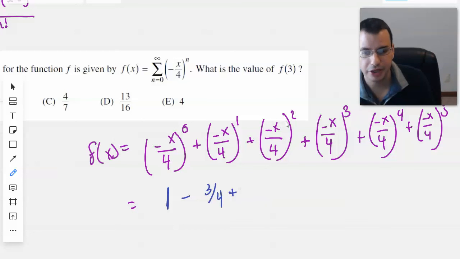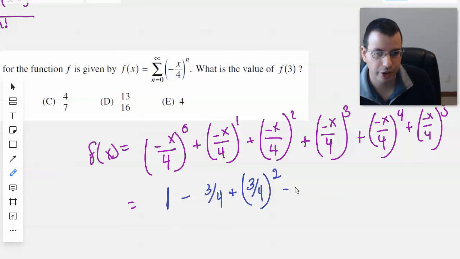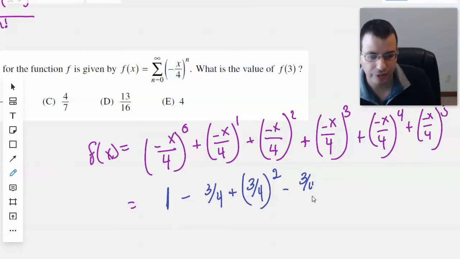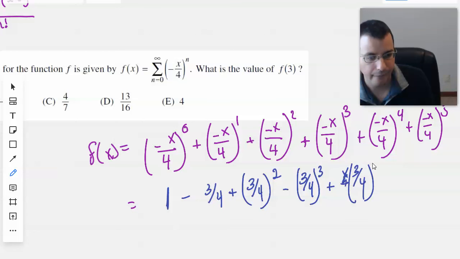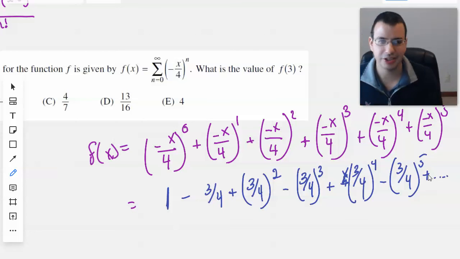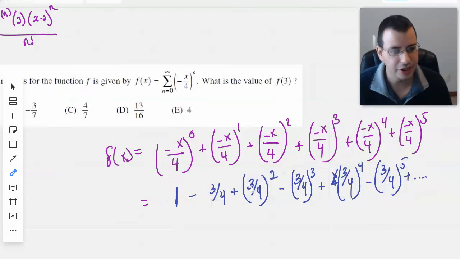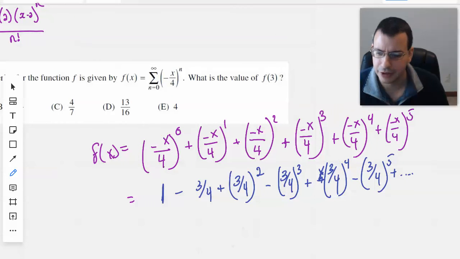This is plus because negative 3/4 squared is the same as 3/4 squared, minus 3/4 cubed, plus 3/4 to the 4th, minus 3/4 to the 5th. And then it goes on. So I'm just going to plug these in since we have numbers and see if one of these answers is kind of sort of almost correct.